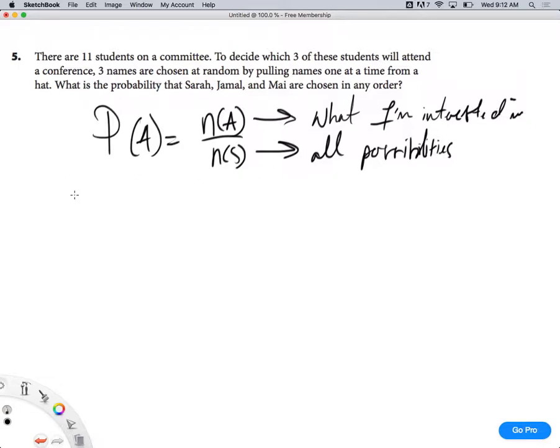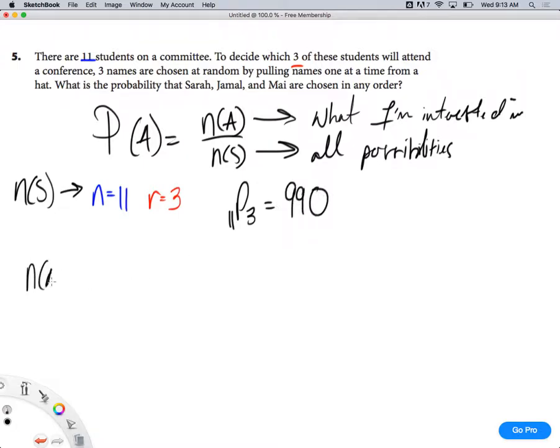So I start with finding NS. There are 11 students on the committee, so N is 11, and I'm choosing 3 of them, so R is 3. So all my possibilities are 11P3, which is 990.